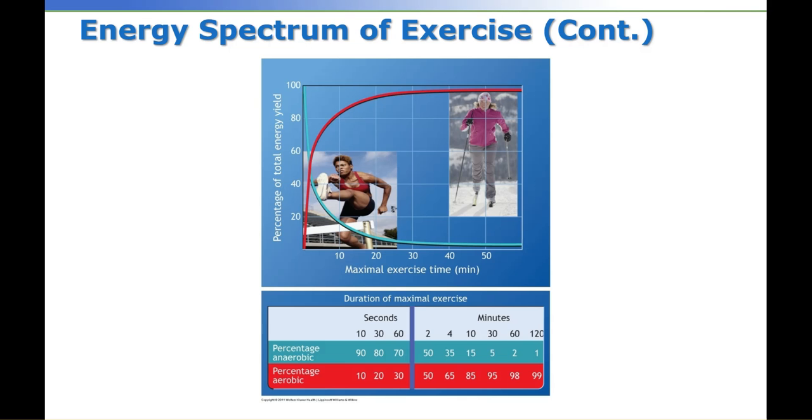And then it decreases. It says that as the max exercise time goes on, the system switches to an aerobic system. So in the beginning, you see the percentage anaerobic, it's blue. It's at the top at 100% of total energy yield. And then it drops markedly, very quickly. And then the other system takes over, which is the percent aerobic.